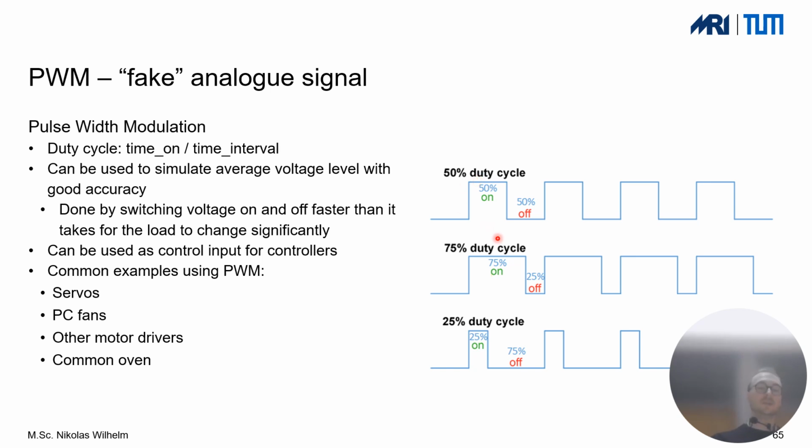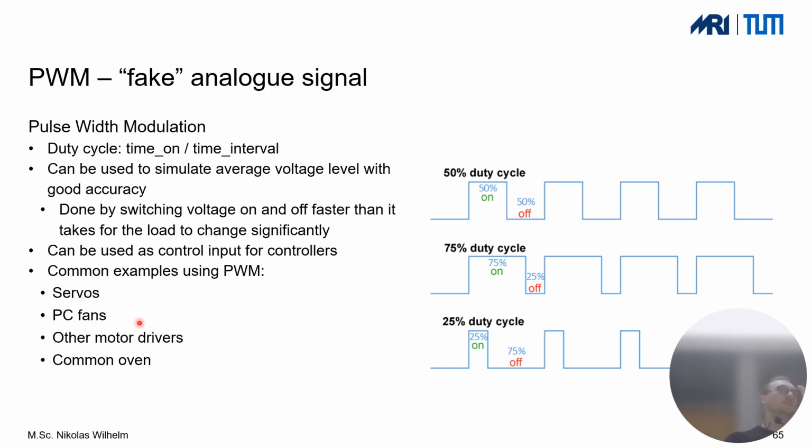So this is an easy and simple way to communicate with your output system and to tell it what it should do and how much force it should use, by simply using a single data signal and just modulating this PWM signal. Some examples: servos are operated that way, PC fans, a lot of LED signals.